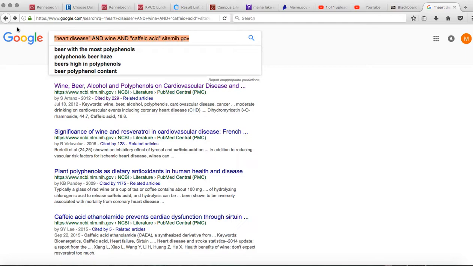And you could certainly limit your search to just their website. So you could do the aama.org, and you would only get stuff from the American Association of Medical Assistants. And so sometimes that's very helpful to see what your particular professional organization is saying. So I encourage you to do that too.